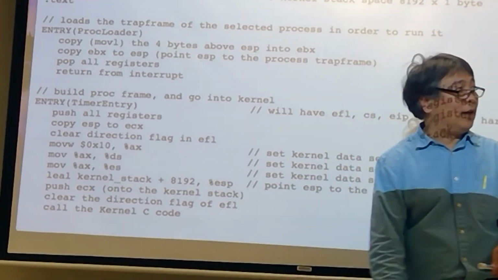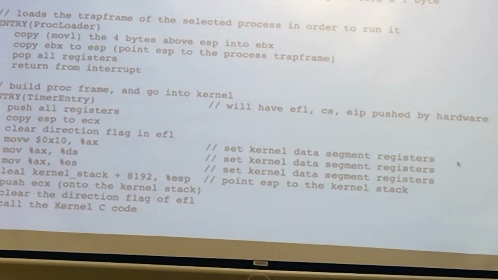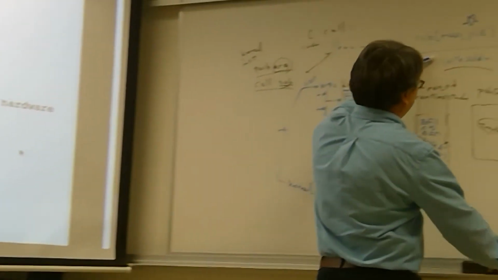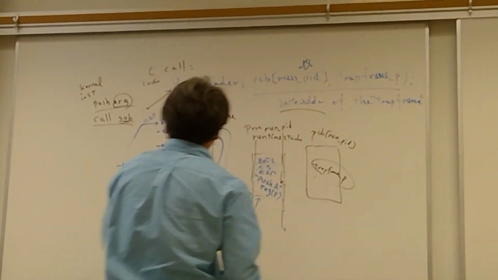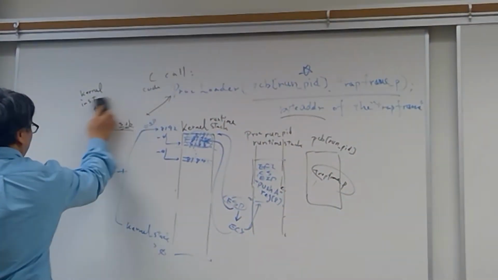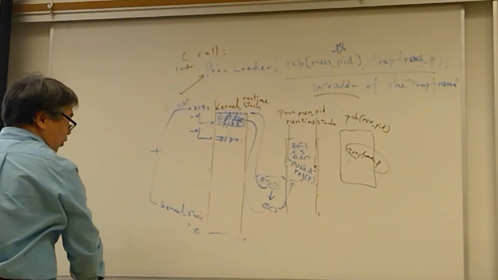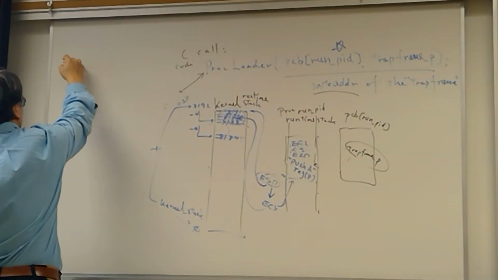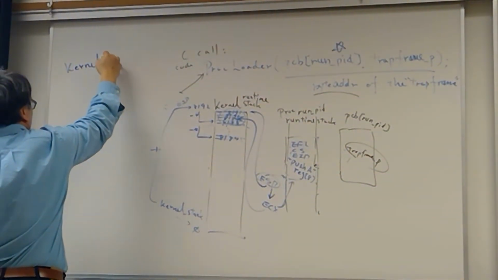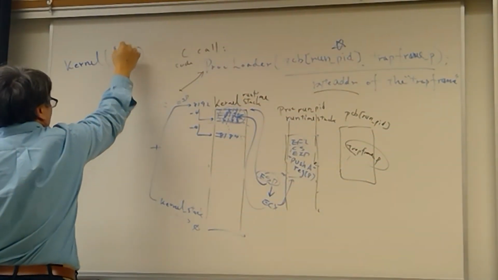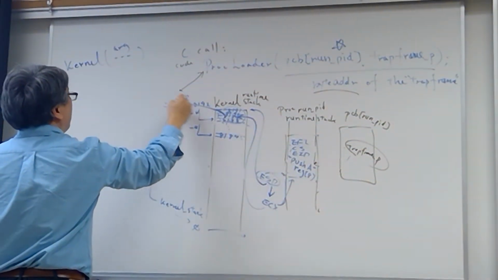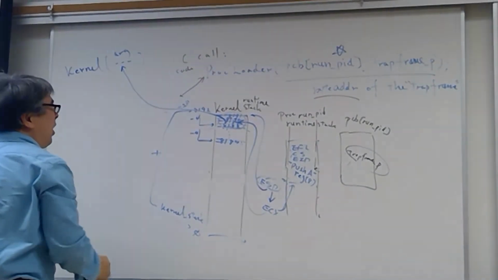So the kernel code starts to run. It will pull the ECX from the argument. So this ECX will be put in the argument.